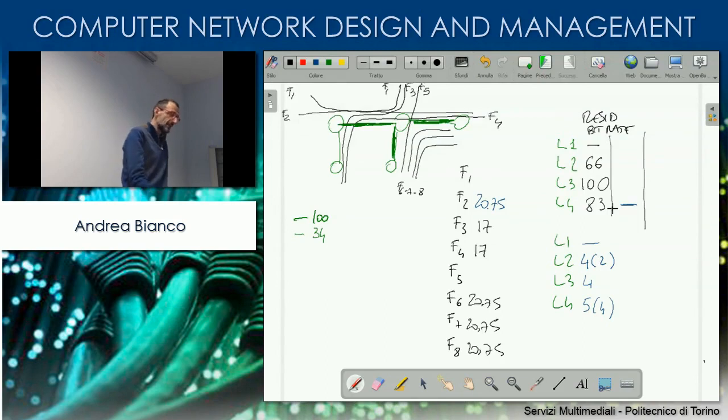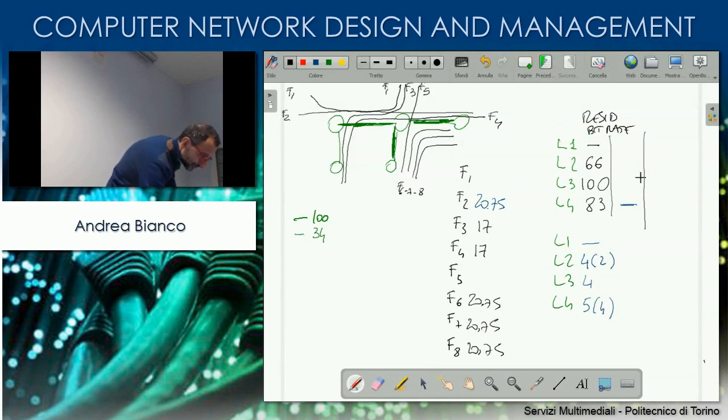You don't like this. Okay, let's do the computation another way. Take link 2. On link 2, we have 4 flows, which are 1, 2, 3, and 4. 3 of them are assigned 20.75, 17, 17. What is left is 100 minus the summation of these 3, which is 45.25, something like that.